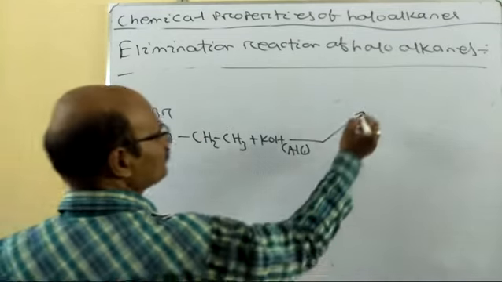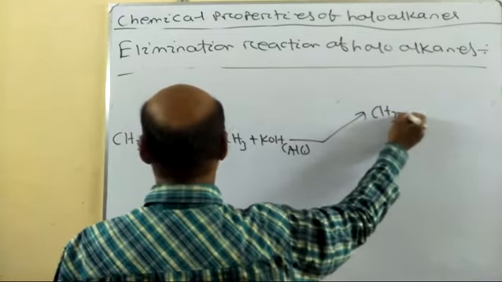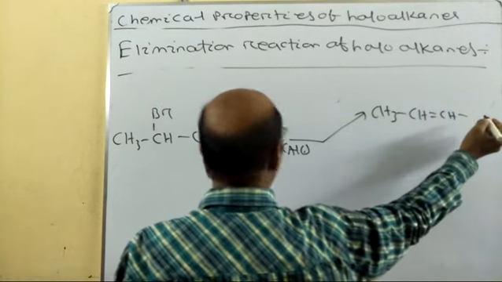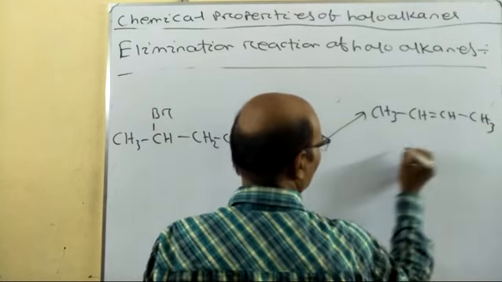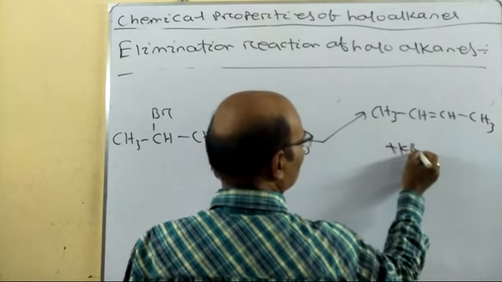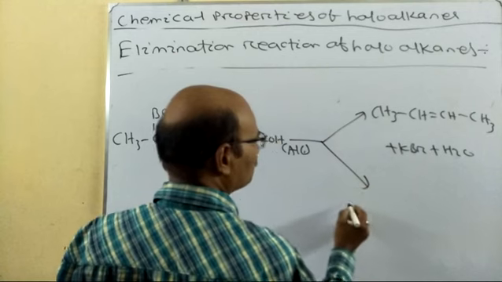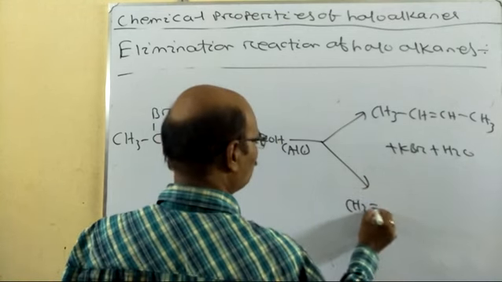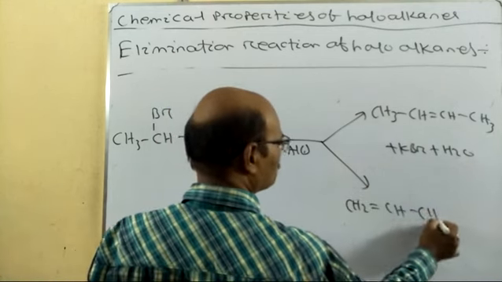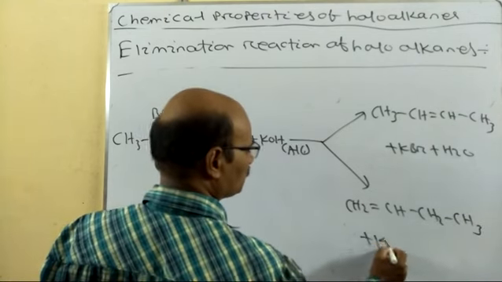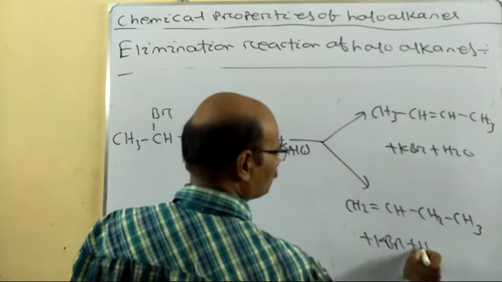We get CH3 CH=CH CH3 plus KBr plus H2O, or I can get CH2=CH CH2 CH3 plus KBr plus H2O.